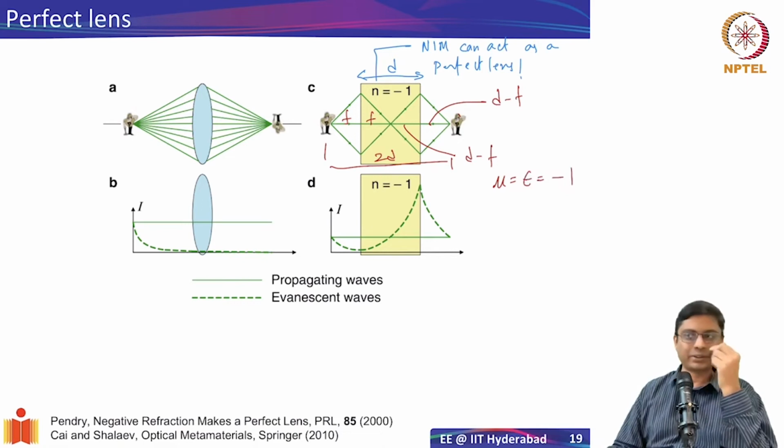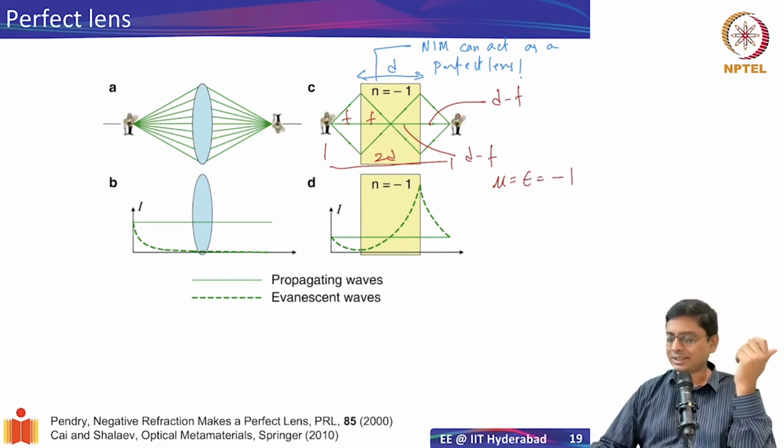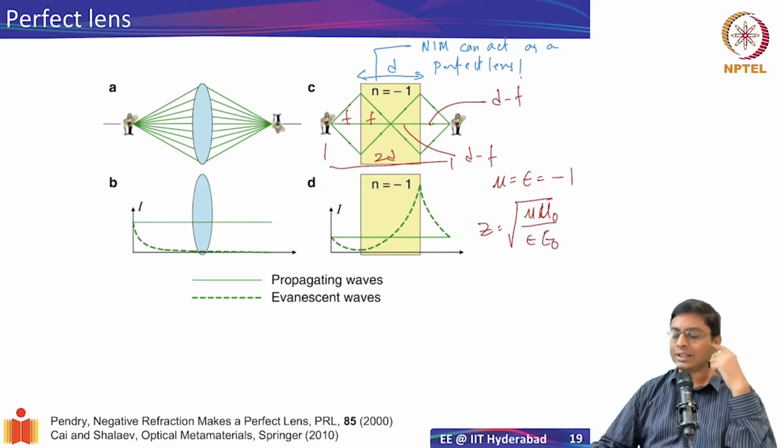When I have such a scenario, Pendry showed that the impedance of this medium is going to be simply, I think it should be mu on the top, so mu times mu naught divided by epsilon times epsilon naught. When both mu and epsilon are negative, the impedance is basically going to be the free space impedance. So the negative index medium is perfectly impedance matched.